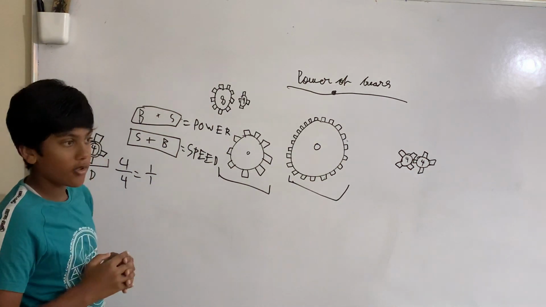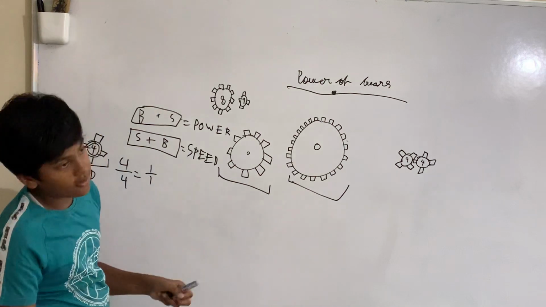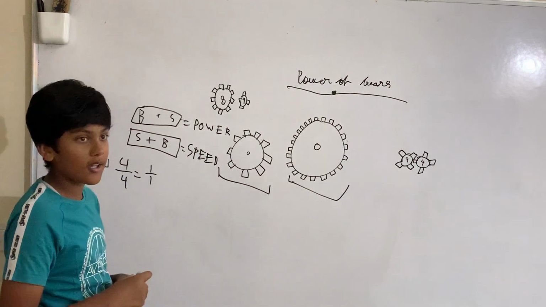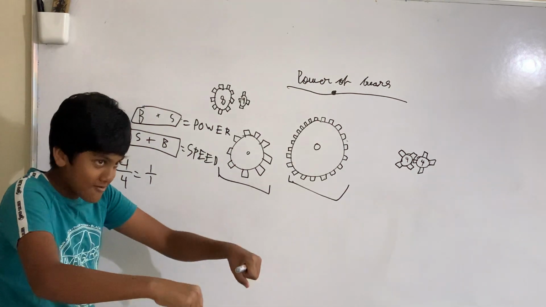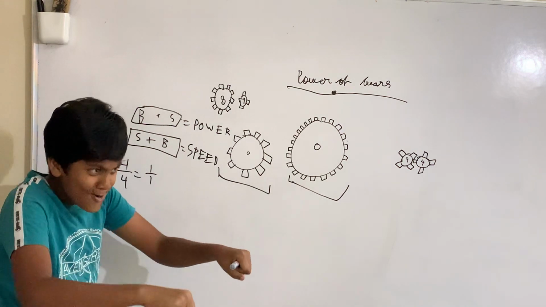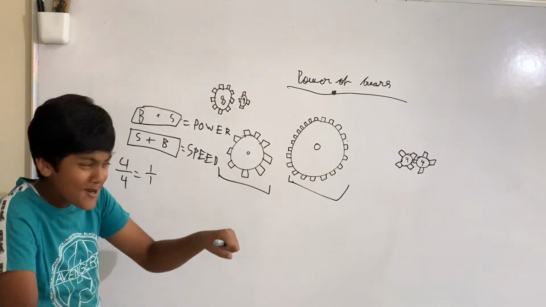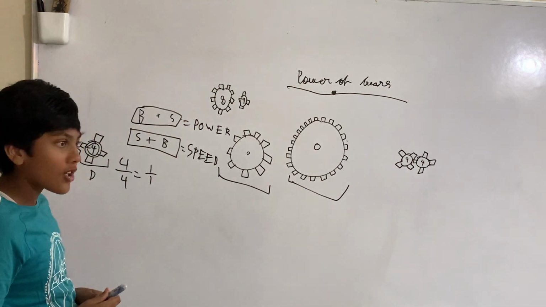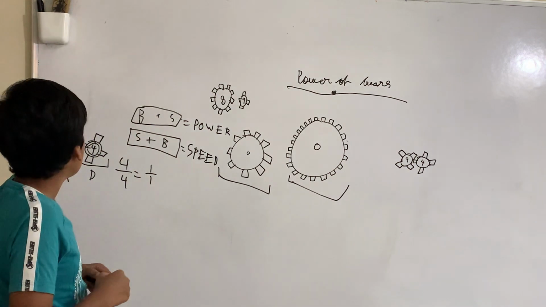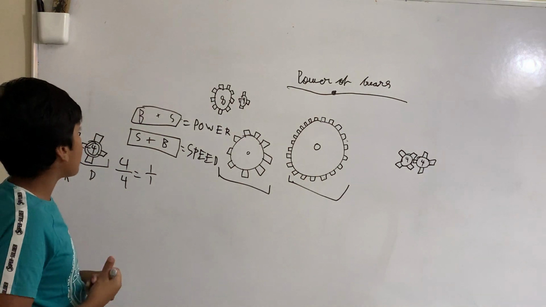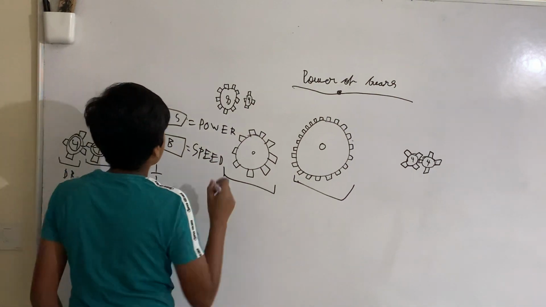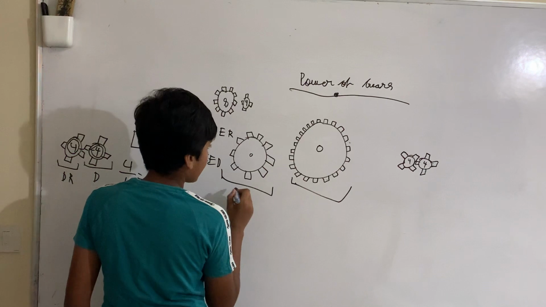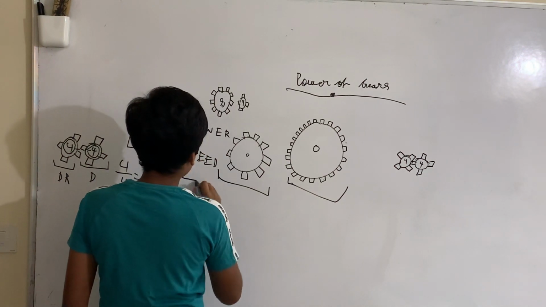A geared bicycle, you're riding down, you're in a race, and you want more speed. You're going to change the gear to whatever number. It'll more than likely look like this. This is for speed.